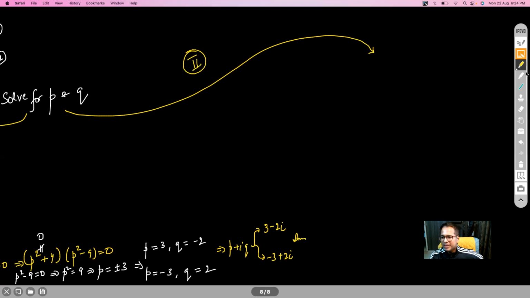Yeah, so let me explain to you the second method. In the second method, we already know that p square minus q square is 5, right? And 2pq is minus 12, right?